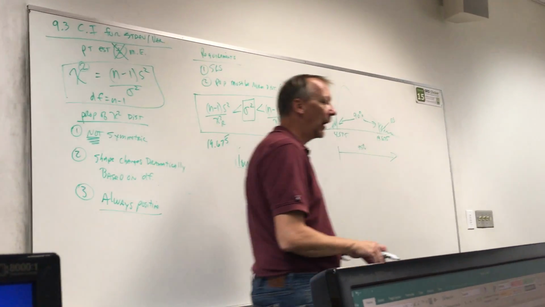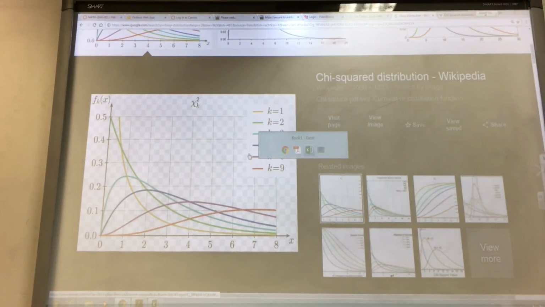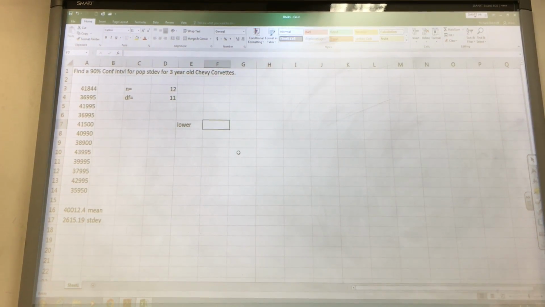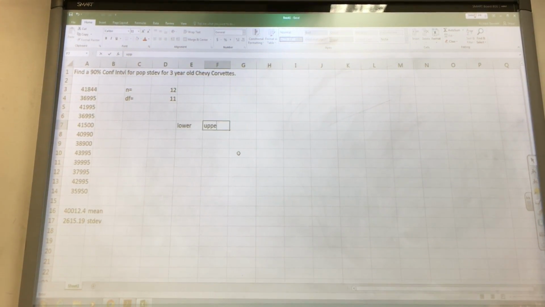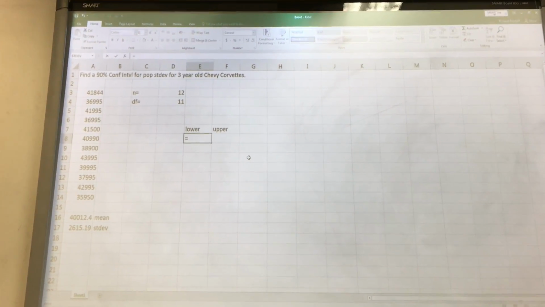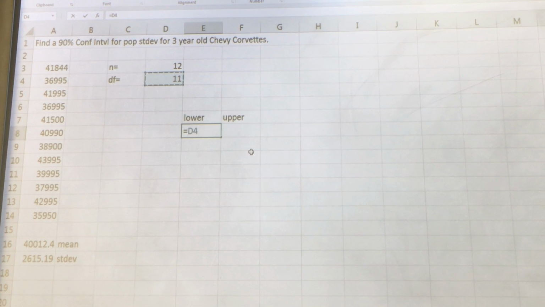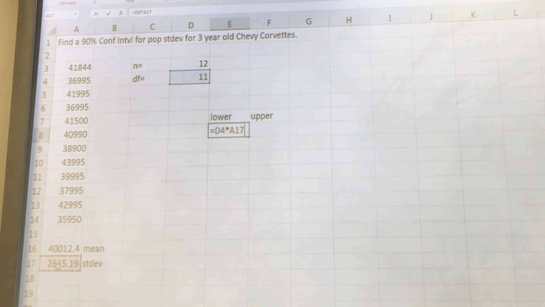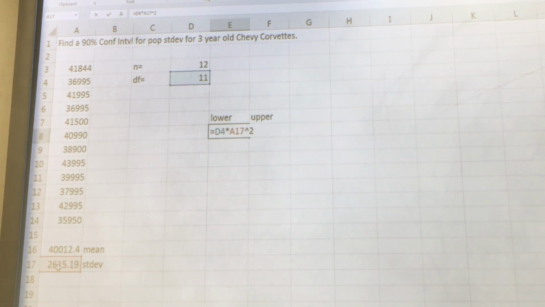Now that I've got those numbers, I need my lower and my upper. According to this, my n minus 1, which happens to be the same as my degrees of freedom, is right there. I'm going to multiply that times my s quantity squared, and I'm going to divide that by, in this case, 19.675.